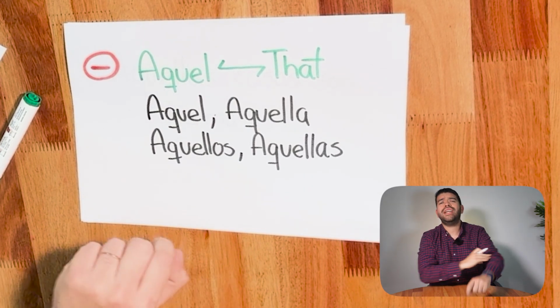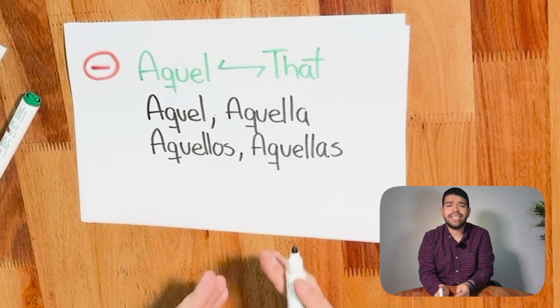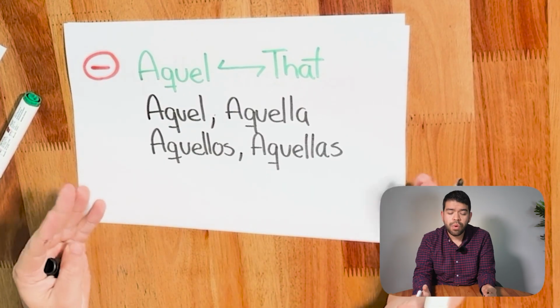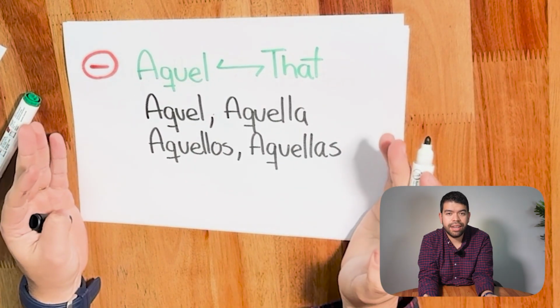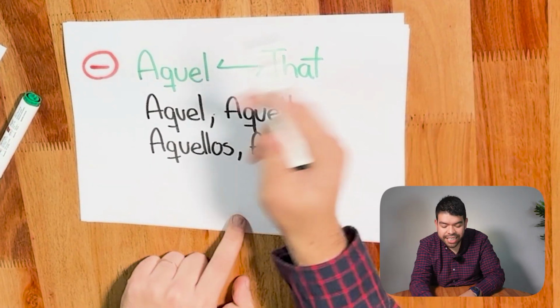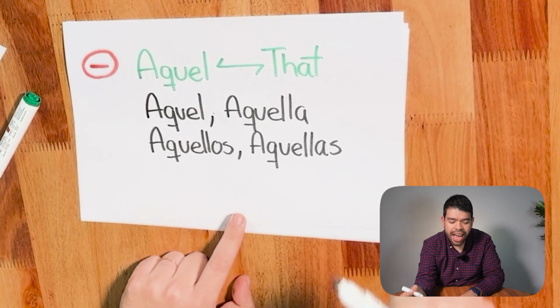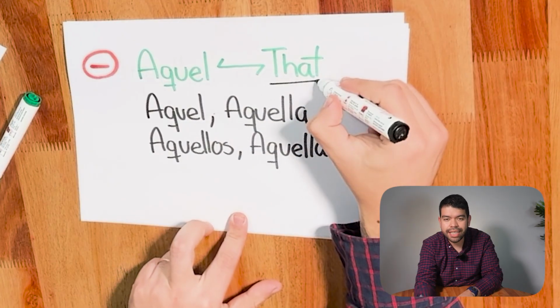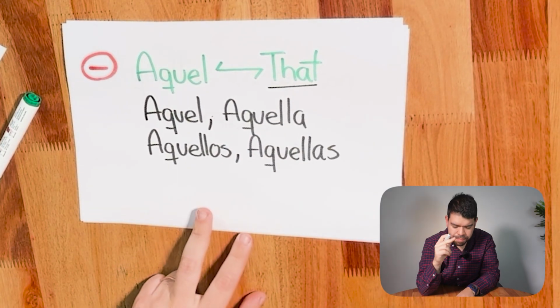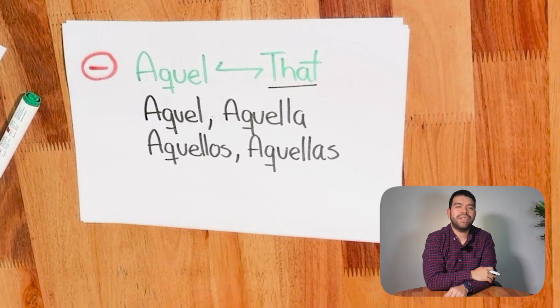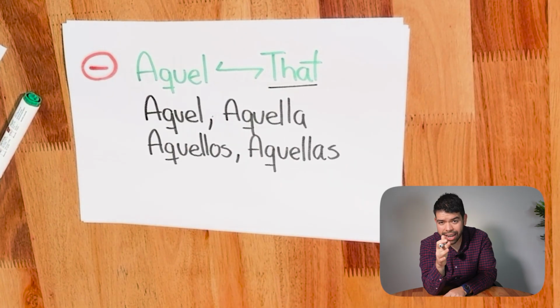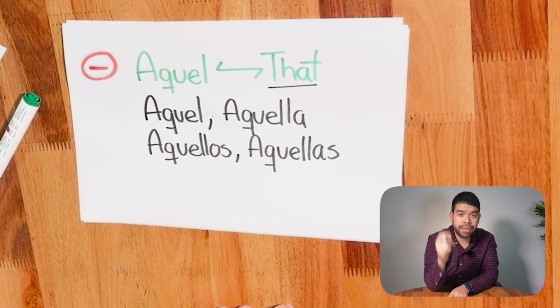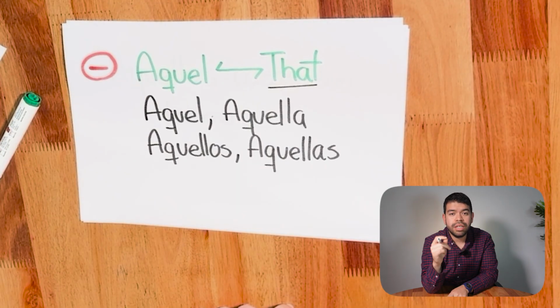Now you may be wondering, if este means this and ese means that, what does aquel mean? Well, that's the magic of Spanish. Aquel also means that. But yes, there is a difference. Ese and aquel, even if they both mean that, you see, they're different.